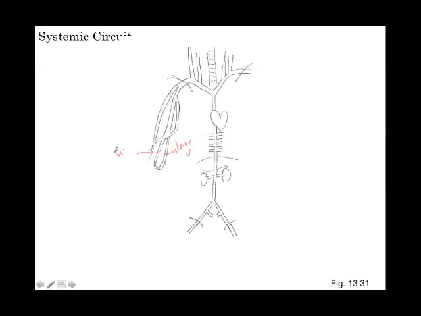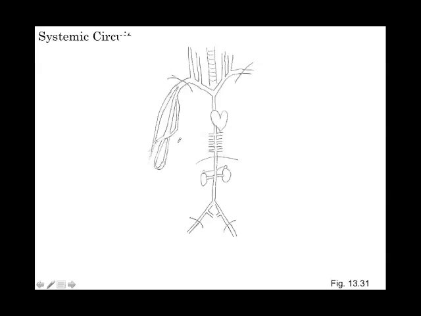This is our radial vein. You can see that the ulnar and radial veins will anastomose, and together they will then form the brachial vein. Those are the deep ones.